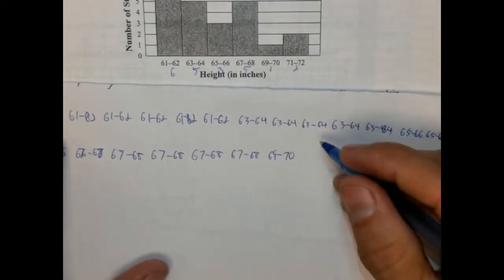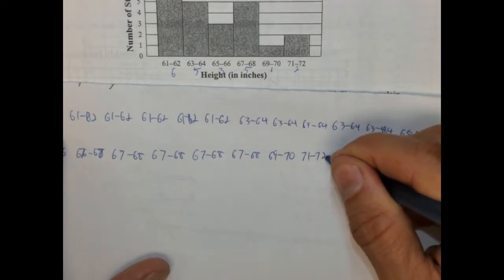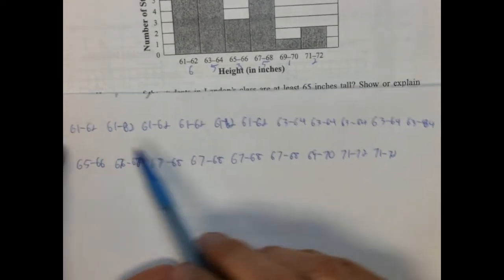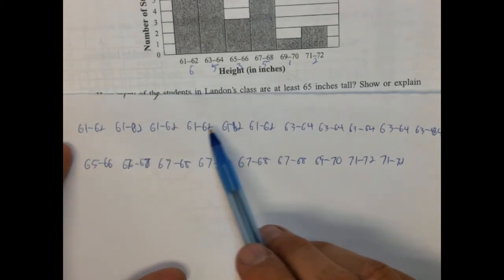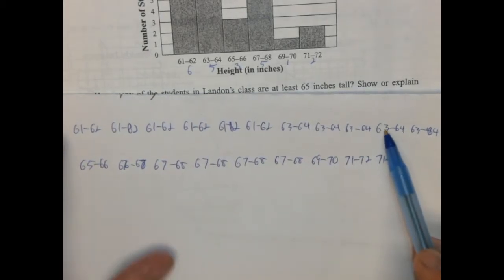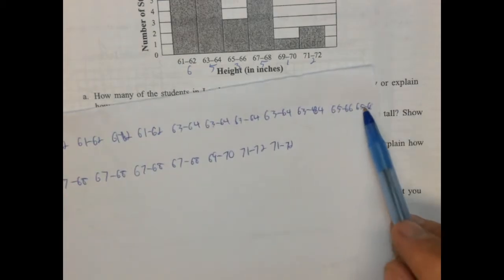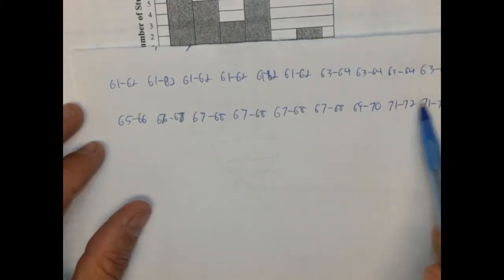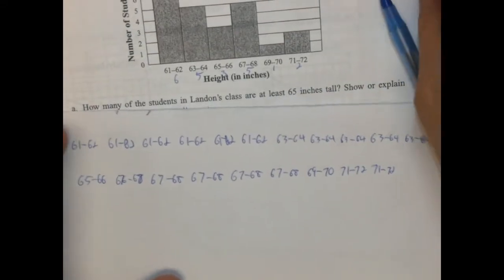And 2 of these. 71 to 72, 71 to 72. That should be 22. Let's just count, make sure we have them all. 1, 2, 3, 4, 5, 6, 7, 8, 9, 10, 11, 12, 13, 14, 15, 16, 17, 18, 19, 20, 21, 22. Yep. So now we just do high-lows to figure it out.